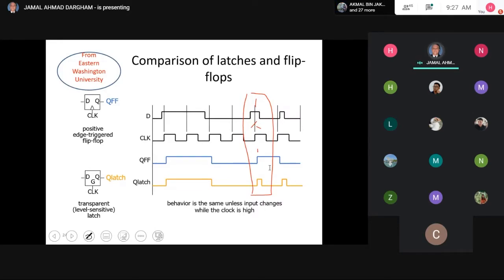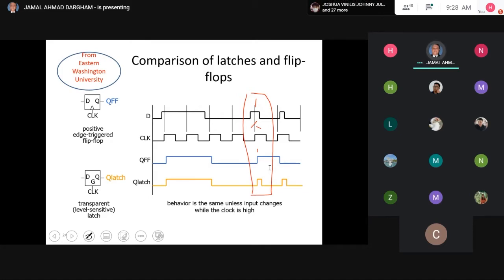But for the latch, the changes only occur at this part.